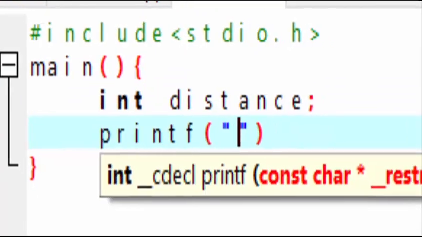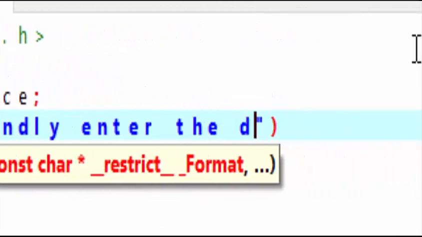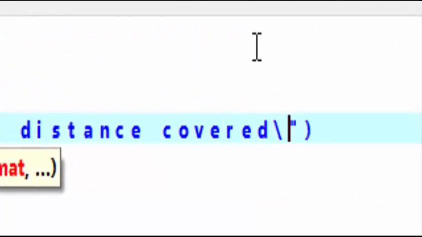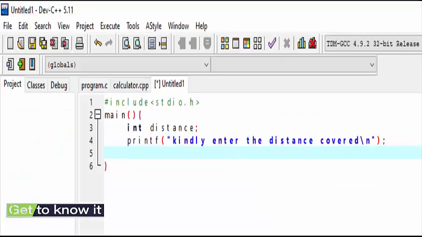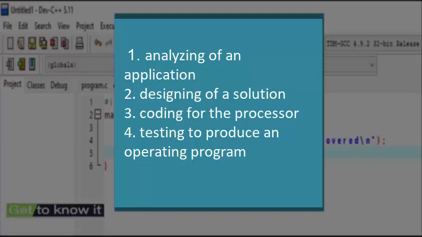Programming usually involves use of special characters, signs and symbols found in a particular programming language to create computer instructions. The programming process is quite wide-ranging. It includes analyzing of an application, designing of a solution, coding for the processor, testing to produce an operating program, and development of other procedures to make the system function.